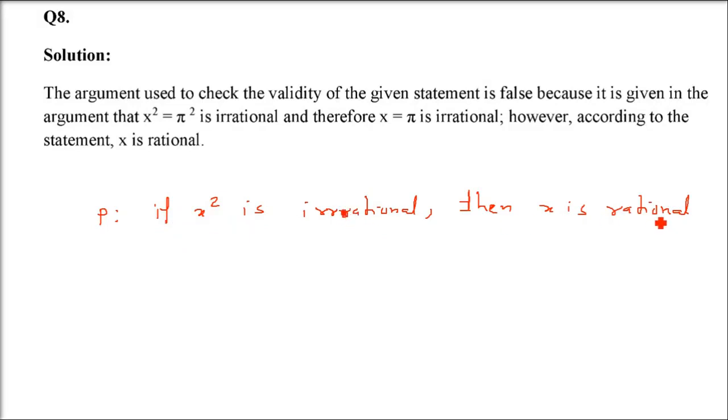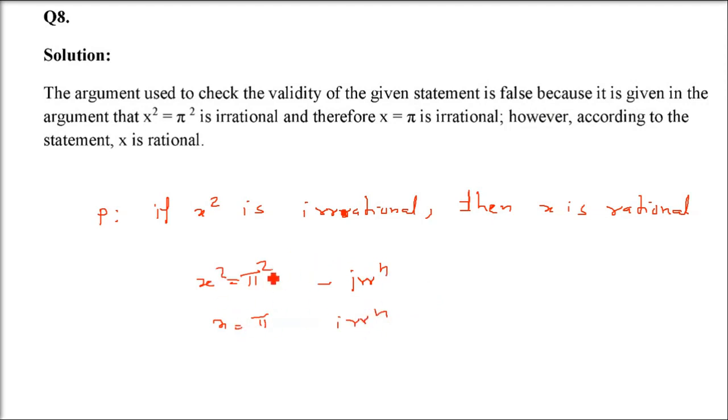Now what is the argument being given? What is the reason being given? The reason given is the statement is true because the number x square equals pi square is irrational. Therefore, x equals pi is irrational. So it is given, if irrational, then irrational. So this is the reason they are giving.